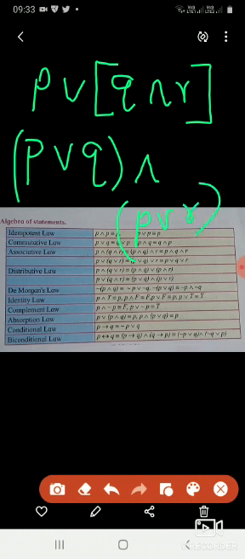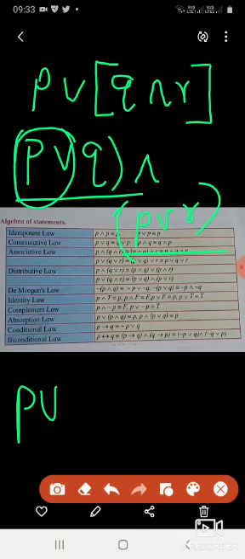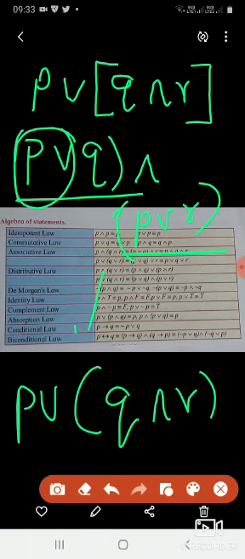You can open the bracket by using this. This is called distributive law. In case it is there in this way, P is common, we will take P common, so Q and R will be inside. Both the cases we will say by distributive law.